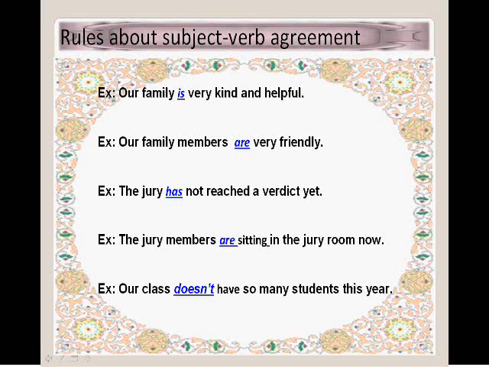If we talk about the class as a whole, then the verb will be singular, doesn't. If I say our class members are going on a trip next week, then I'm talking about the class as individuals. In a class we may have, let's say, 15 students, so the verb is going to be plural.